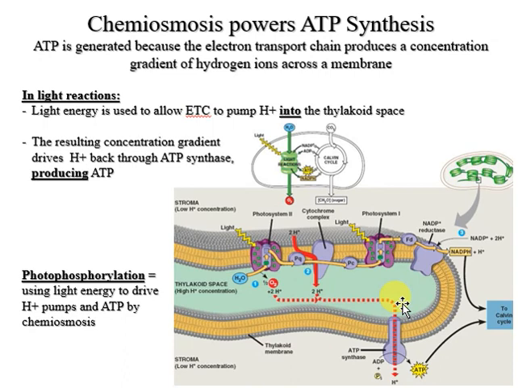So the energy released by this proton stream through ATP synthase allows the protein to attach a third phosphate group to ADP and thereby synthesizes a molecule of ATP. Again, this is photophosphorylation because you're using light energy to drive this reaction.